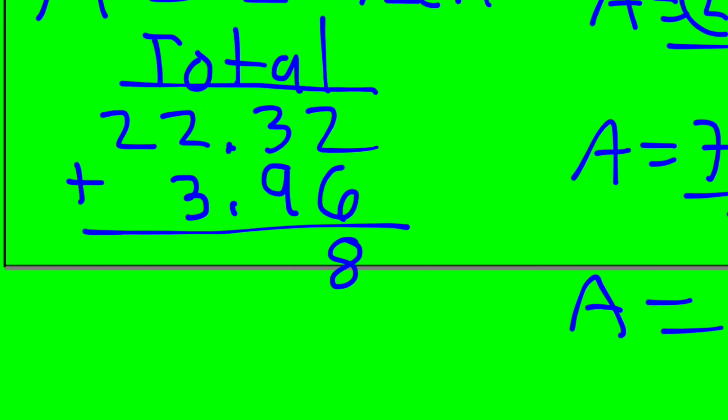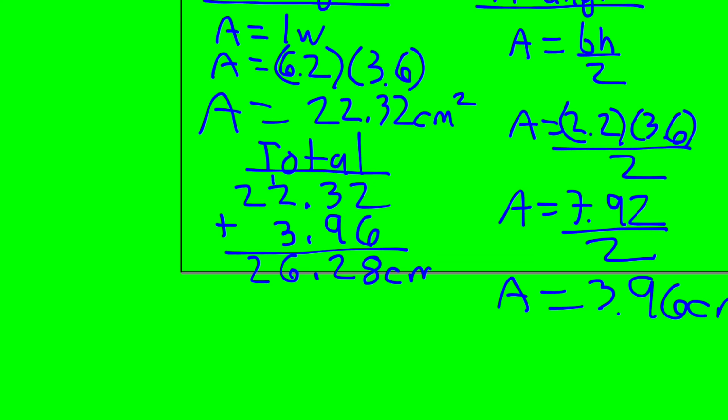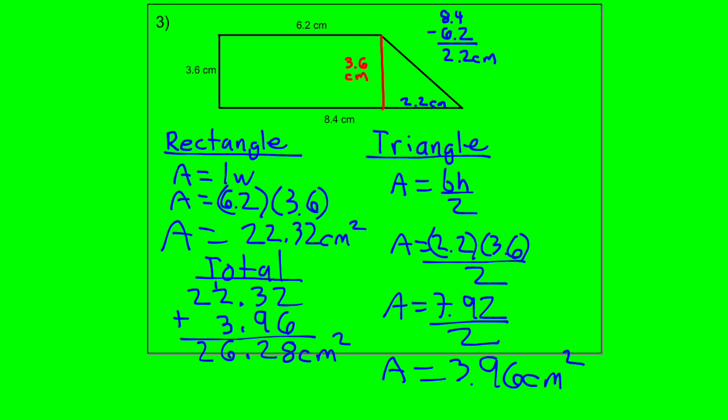That's 8, 12, carry the 1, there's a decimal there. 3 plus 2 plus 1 is 6, and 2. And that's centimeters squared. So the total of that shape, using the area of a rectangle, which we already know, and the area of a triangle, is 26.28 centimeters squared.